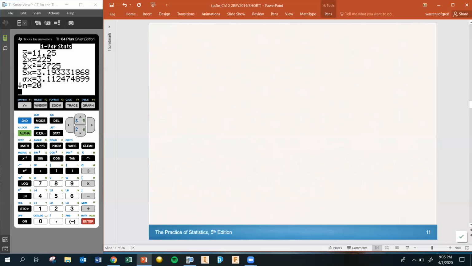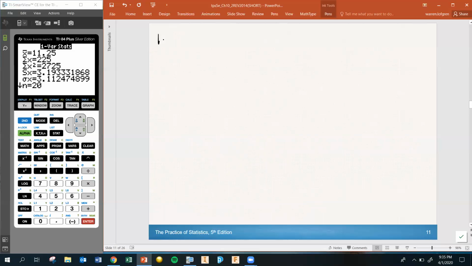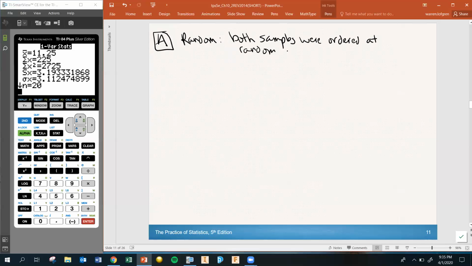Now we're going to work through the conditions here. Lost the pen again. There it comes. Okay, so checking the conditions. So moving on in PHANTOMS. It did say, if you want to look back at the problem in terms of random, that both samples were ordered at random times. So that kind of takes care of our randomness.